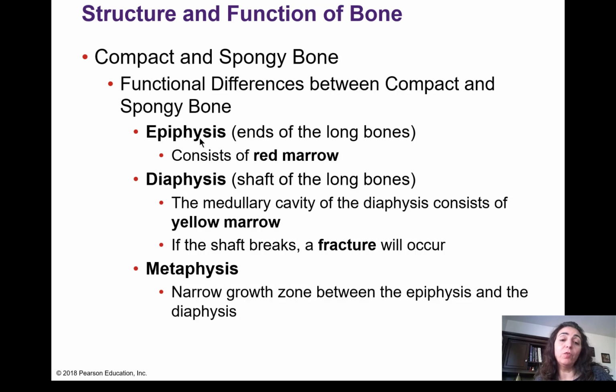And that one consists of yellow marrow. So pay attention to where we have yellow marrow, that is in the medullary cavity, and where we have red marrow, that is in the epiphysis of the long bone or other spongy bones over the body, even if they may not be long bones.